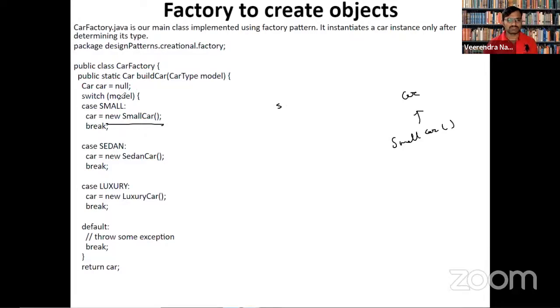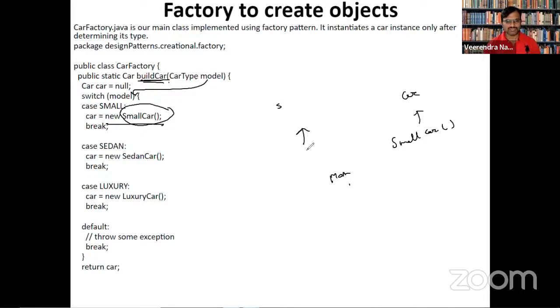Whenever we have the build car, suppose I show you the main class. From the main class, we will have a call to the build car. When the build car is small, it all depends on what you select.